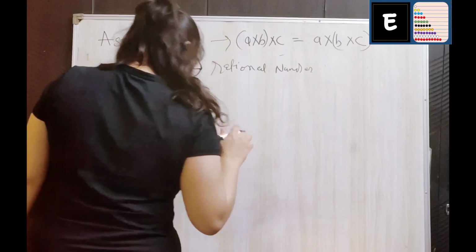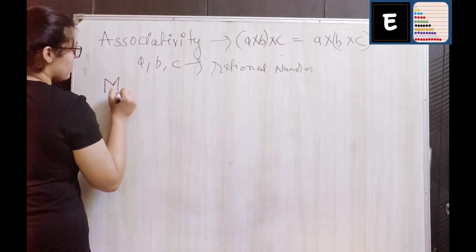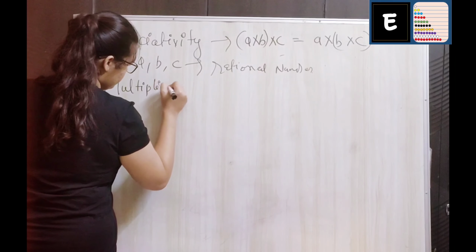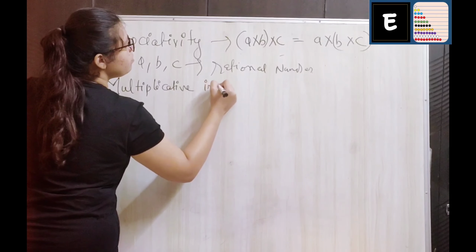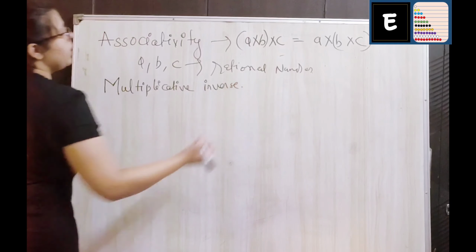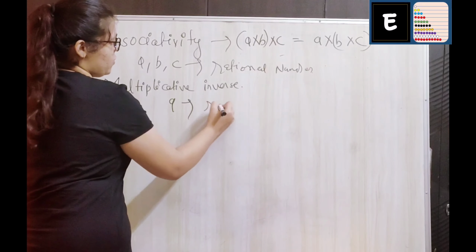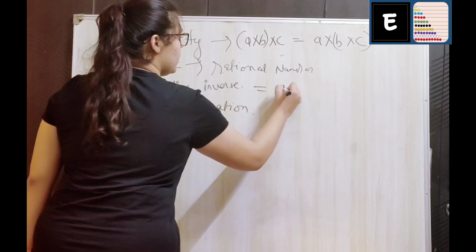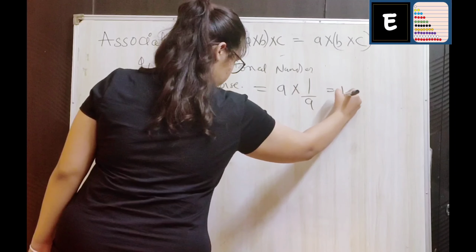Next property is existence of multiplicative inverse. Multiplicative inverse. So let's assume a is our rational number. a into 1 by a is equal to 1.